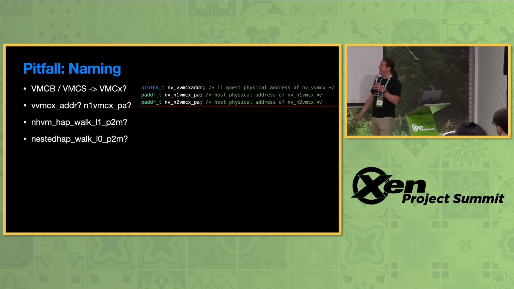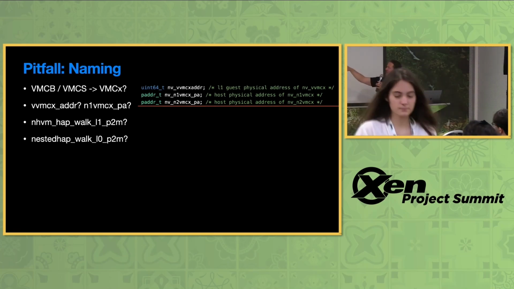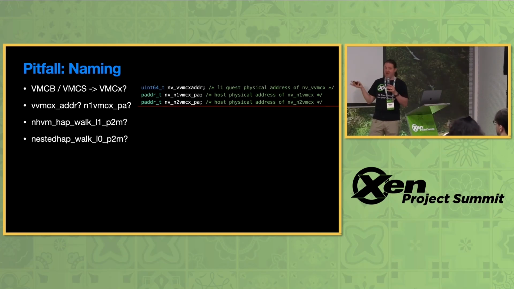Similarly, within the same area of the nested P2M code, you have one function called nhvm hap walk L1 P2M, and another called nested hap walk L0 P2M. Is there a reason those are named differently? I don't really know.